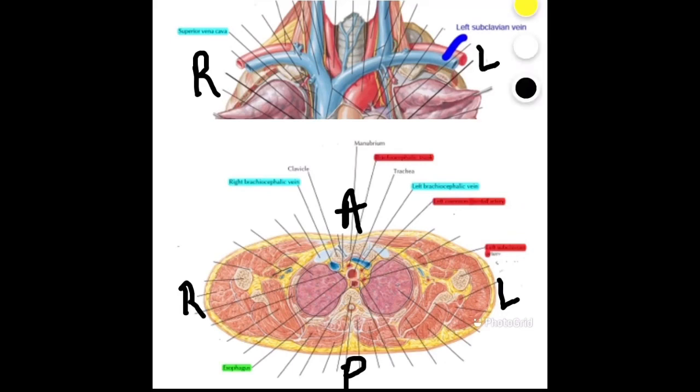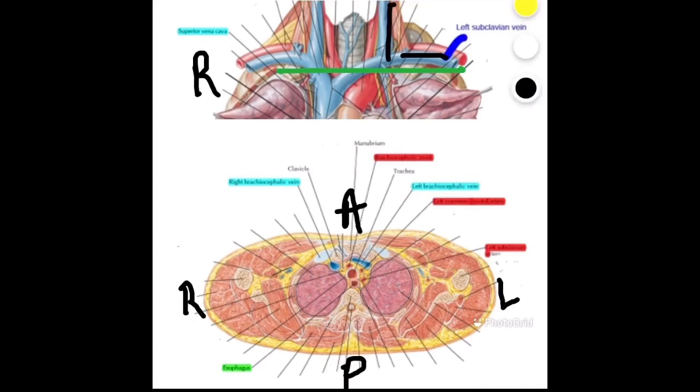Now where is this particular level that I have taken? This particular level is over here. This is the T3 level. So what are the various structures that we are looking at in this level? We know that this is the left subclavian, this is the left internal jugular.